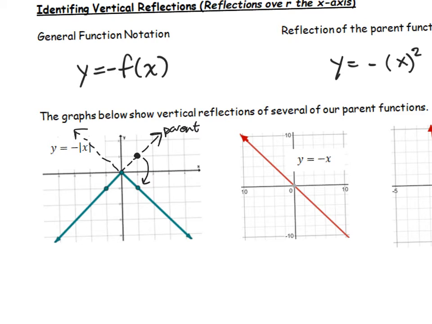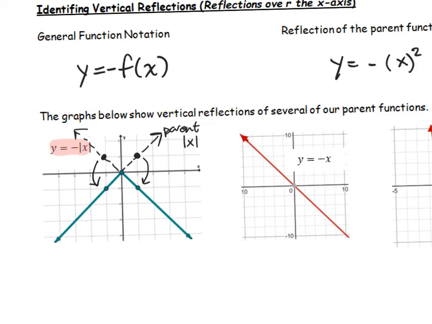And it became the point 1, negative 1. Then if I pick another point over here, that also was reflected over the x-axis. So that's how I know that my original function, my parent function, which was the absolute value of x, became reflected over the x-axis and became the function y equals the absolute value of x, right here, with a negative symbol in front of it.